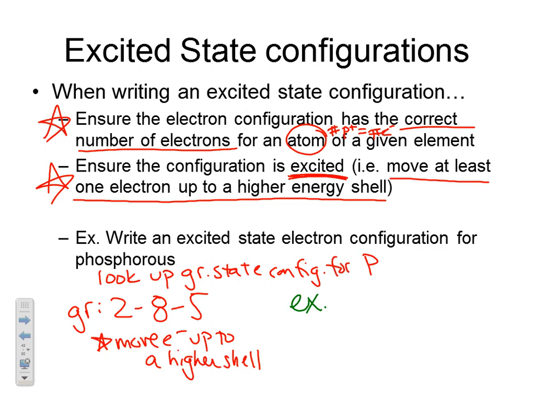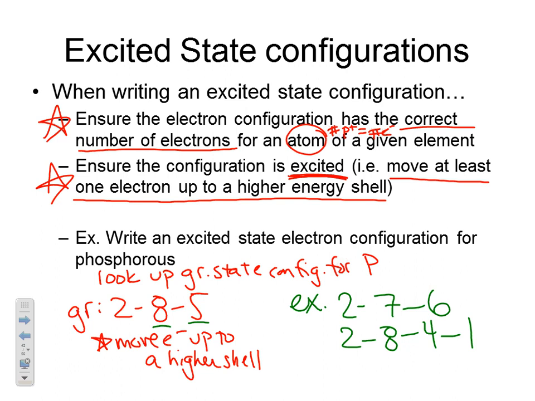You could take one from the second shell and move it up to the third shell. So you could do 2-7-6, right? Pushing that one in the second shell up to the third shell. You could take one that's in the third shell and push it to the fourth shell. You can do that. You can add on shells because those shells are really there. It's just they're unoccupied.